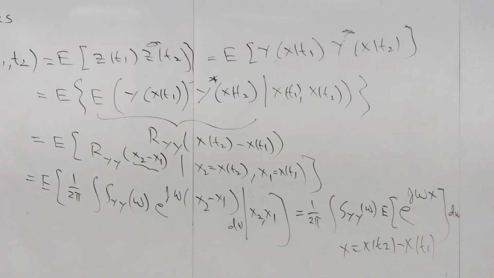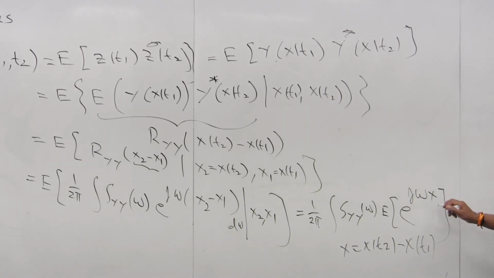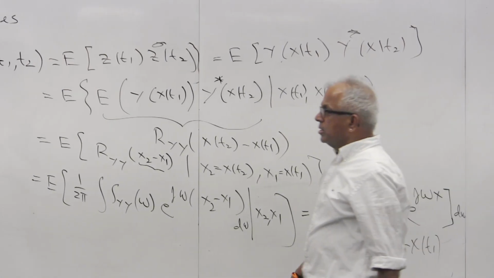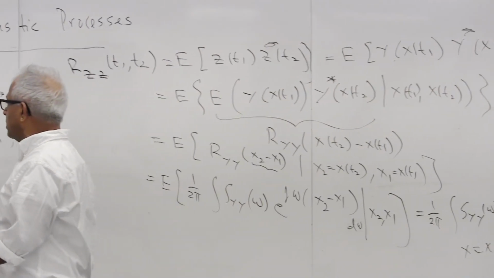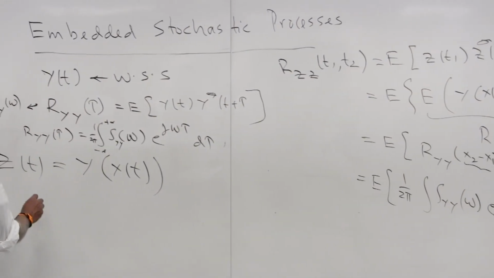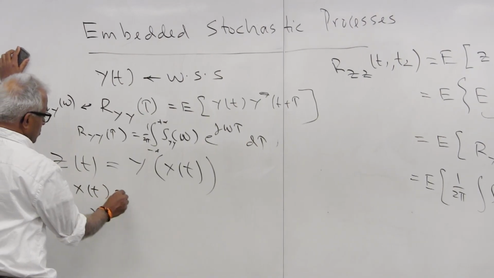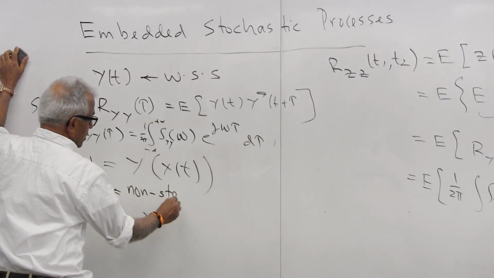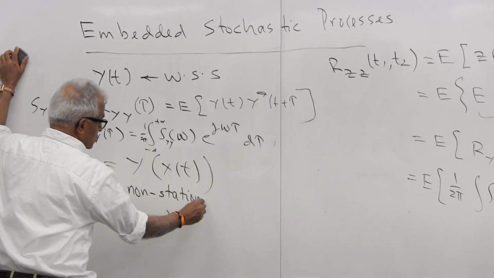Now everything depends on how to compute this. At this point, let me assume x of t to be a Gaussian process. Let's say non-stationary Gaussian, like Brownian noise or something.